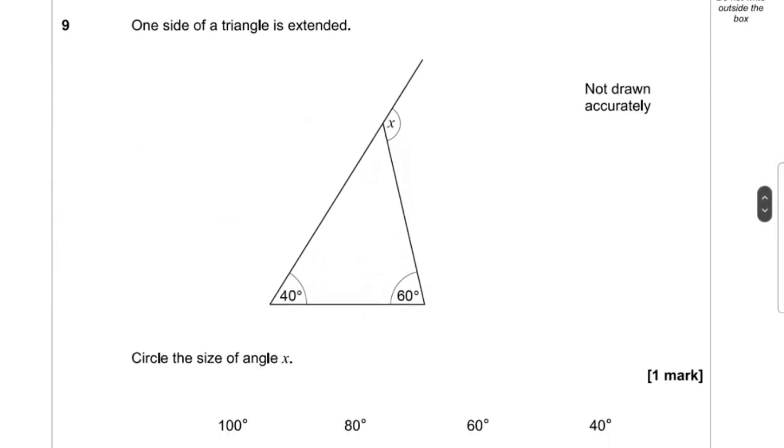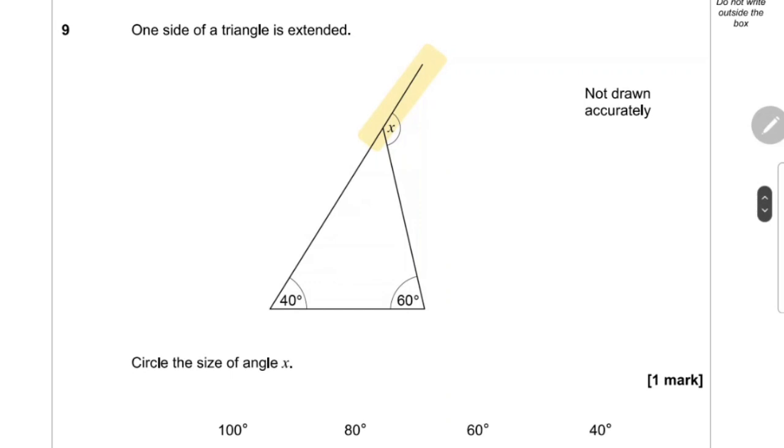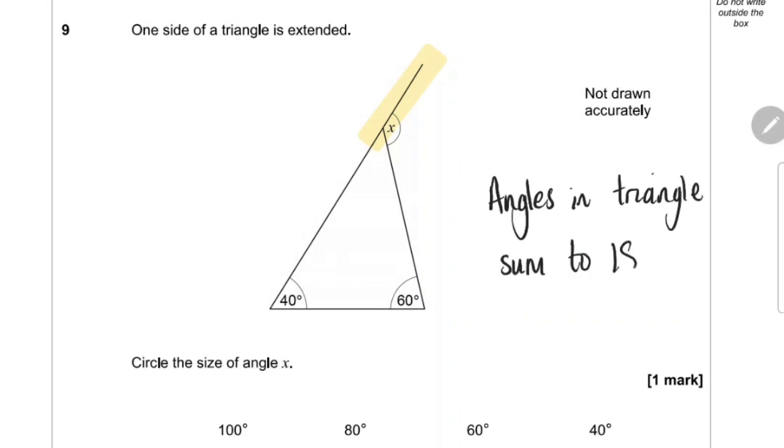Okay, question 9. One side of a triangle is extended, you can see here, and we want to calculate the size of angle X. So we know that the angles in a triangle add up to 180.